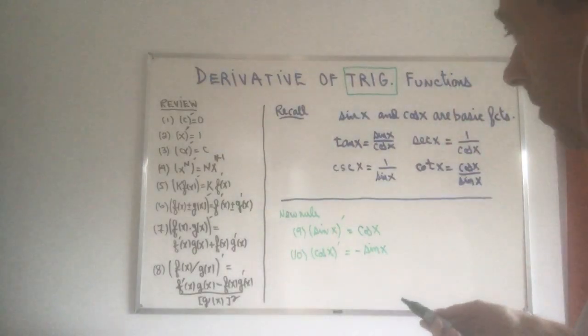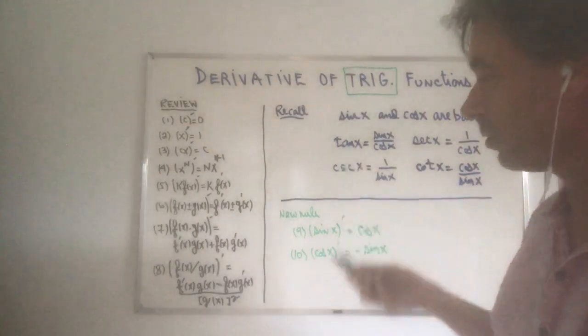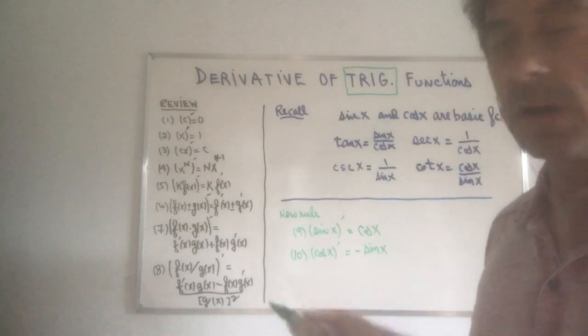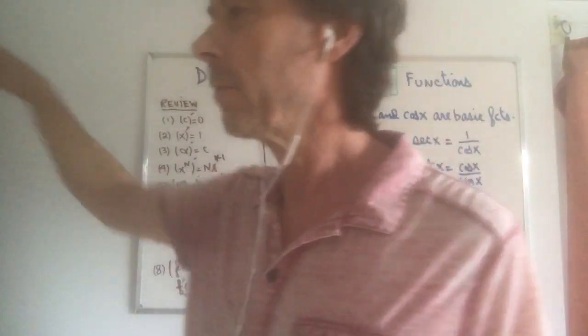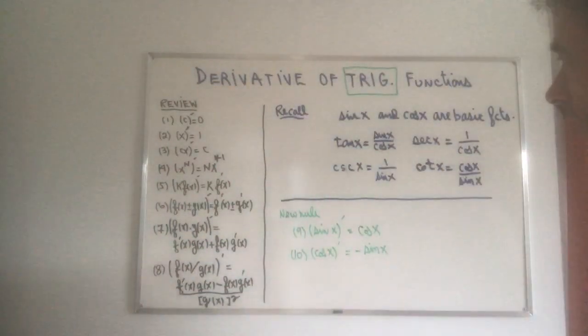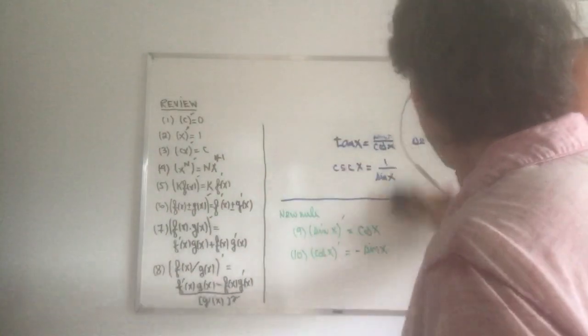So we're going to keep that in mind. I'm going to erase this and use all of these 10 rules, not all at the same time, obviously, in order to work out some derivatives. And we're going to focus on problems.